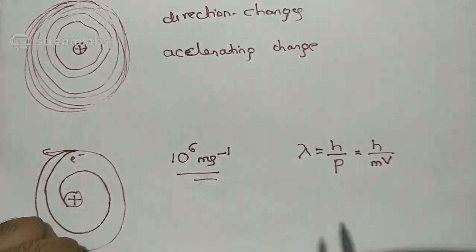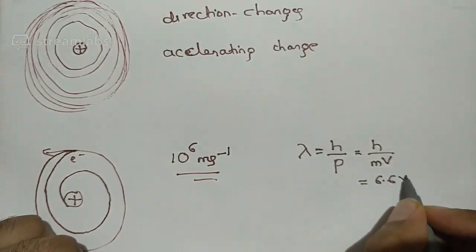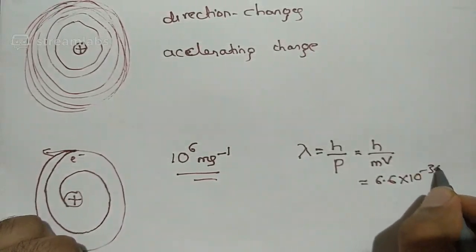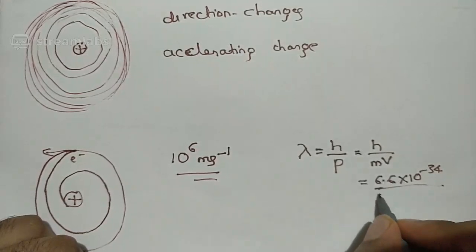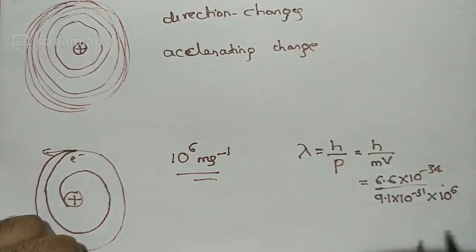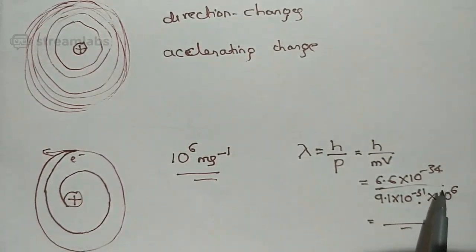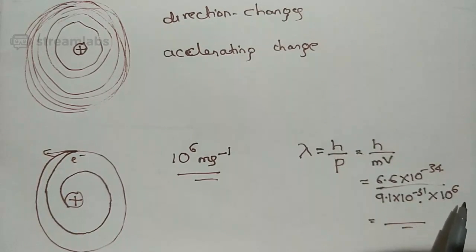But here, h is approximately 6.6 into 10 to the power minus 34, divided by the mass of the electron, 9.1 into 10 to the power minus 31 kg, into speed 10 to the power 6. So this is 10 to the power minus 34, and the minus 31 goes to the numerator as minus 3, and again the speed gives minus 6. So that will be 10 to the power minus 9.